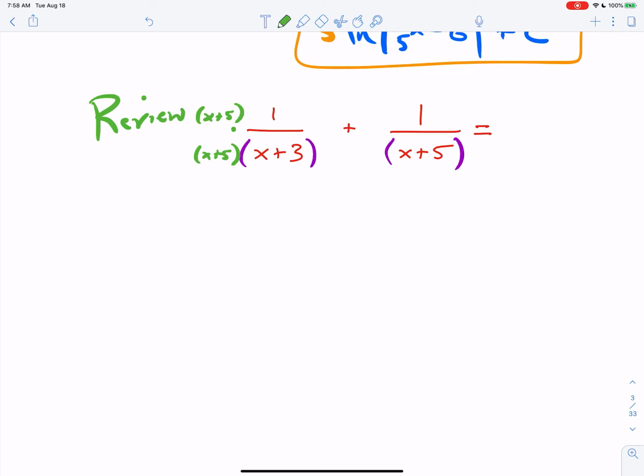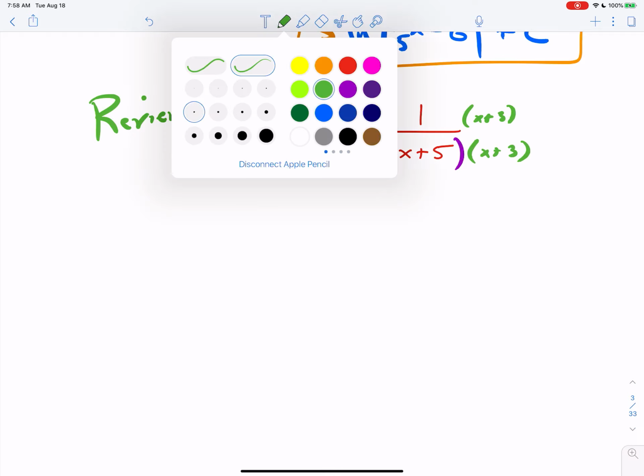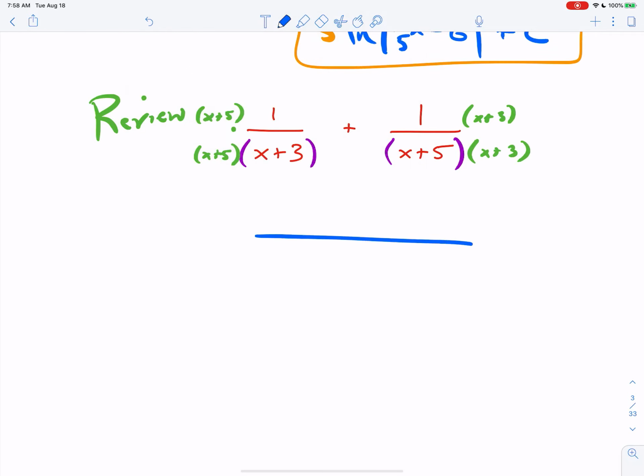And over here, let me get rid of this equal sign. Over here, I'll have to multiply by x plus 3 at the top and the bottom to keep it unchanged. So our common denominator right now is going to be x plus 5 times x plus 3, or the other way around, it doesn't matter.